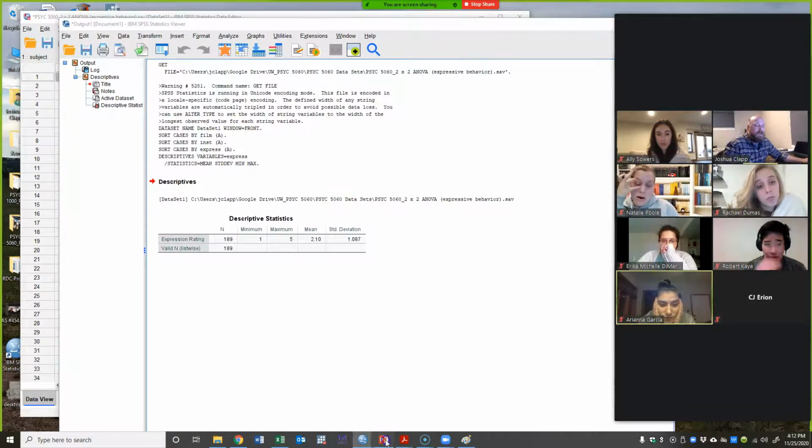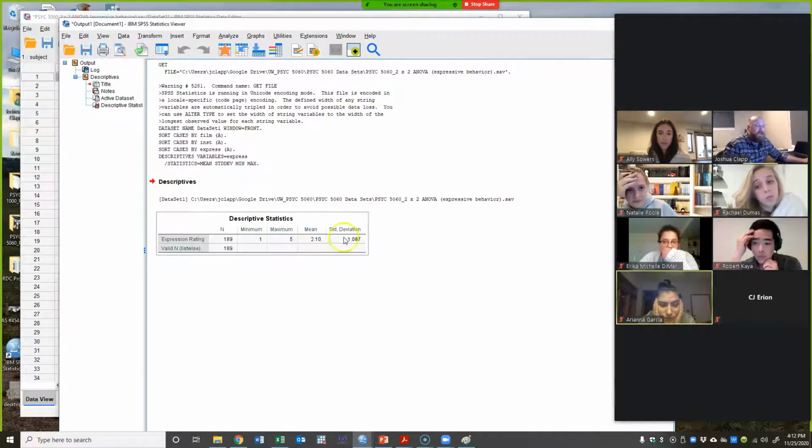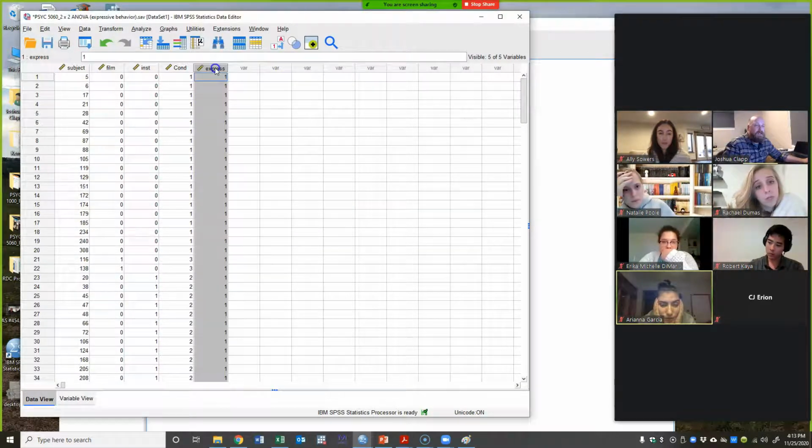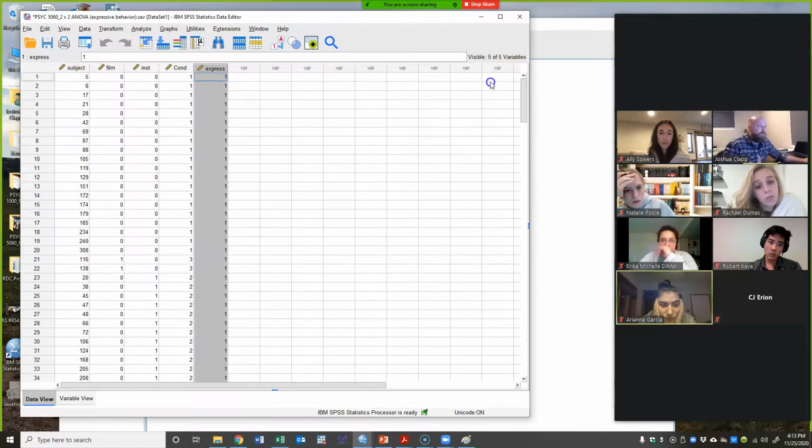Here I said ratings 1 to 5, and I'm seeing my ratings are 1 to 5. That's good. In SPSS, if I wanted to sort those, 1 is the minimum and 5 is the maximum, cool, right? So no problems with weird scores of 0 or 6 or something like that. In terms of plausibility, looking good there, no problems.